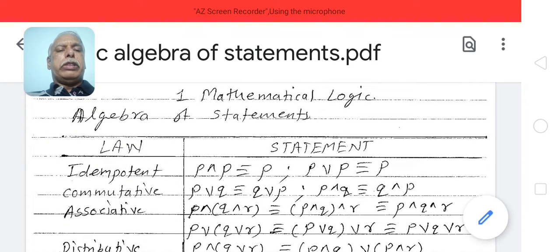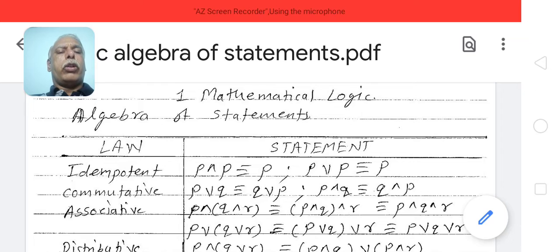But there is another method to prove equivalence of two statements, that is by using laws. Logic is a part of mathematics. That means for logic also there must be some rules or laws, and by using these laws we can prove the equivalence of the two statements.